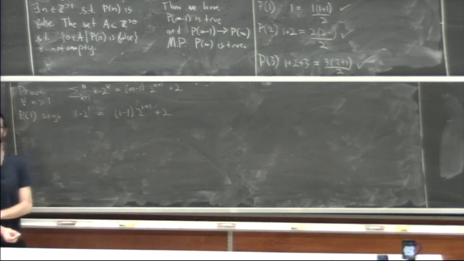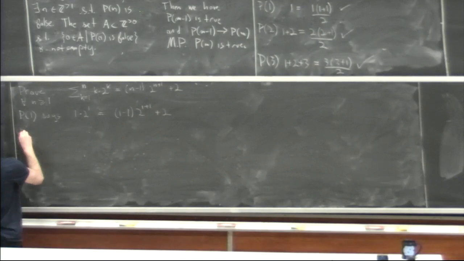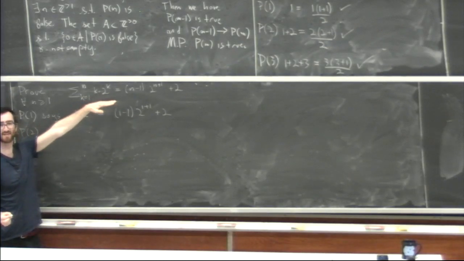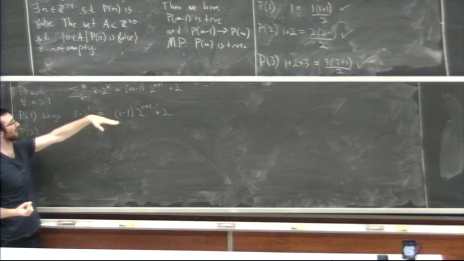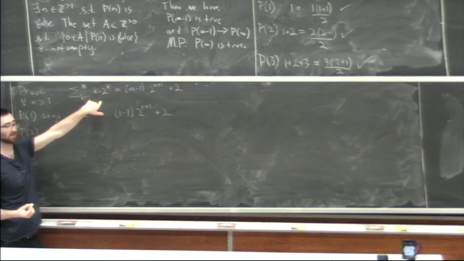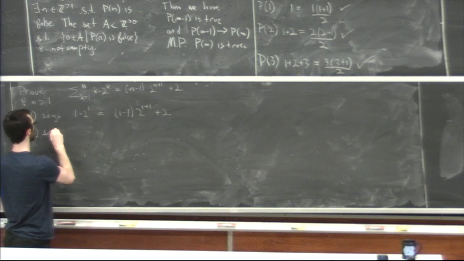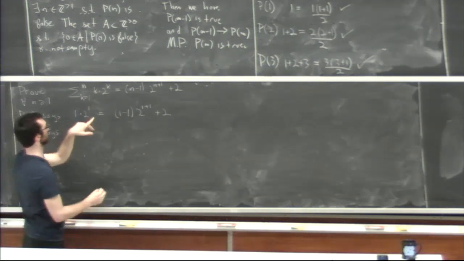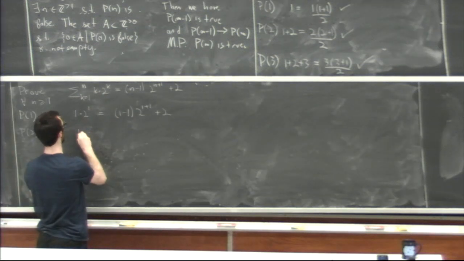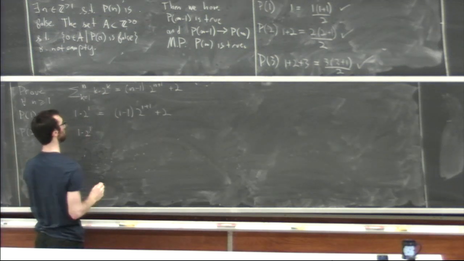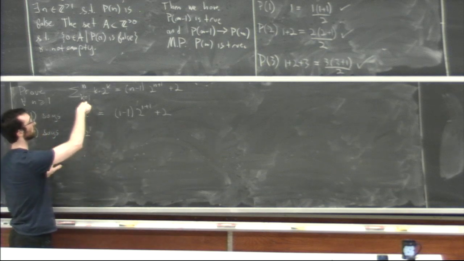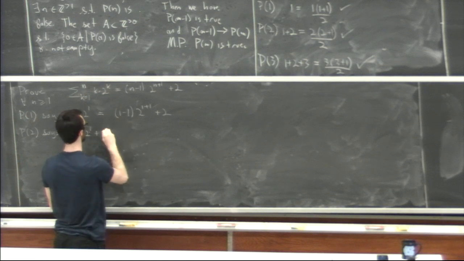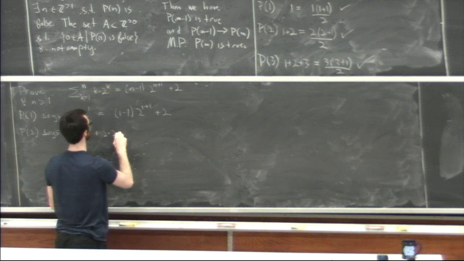So this is P1. Let's write out P2. Remember, the left-hand side is a summation where I'm ranging through things. So the first thing that appears on P2 is the k equals 1 term. So 1 times 2 to the 1, that's for when k is equal to 1, and then I need when k is equal to 2, plus 2 times 2 to the 2.